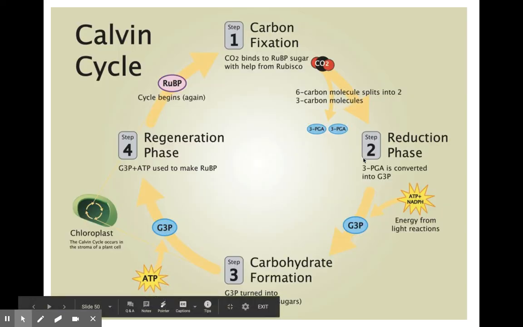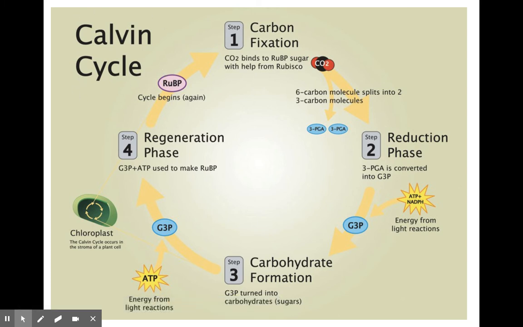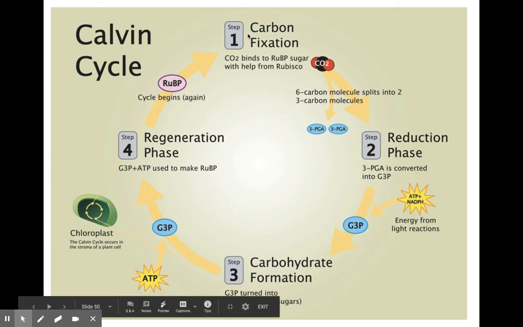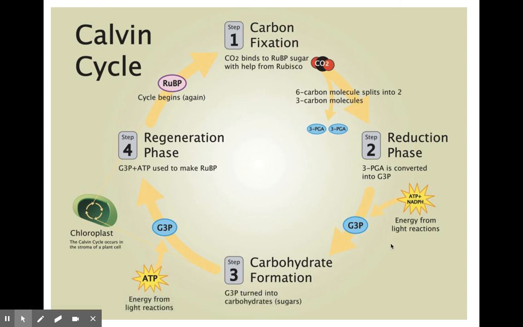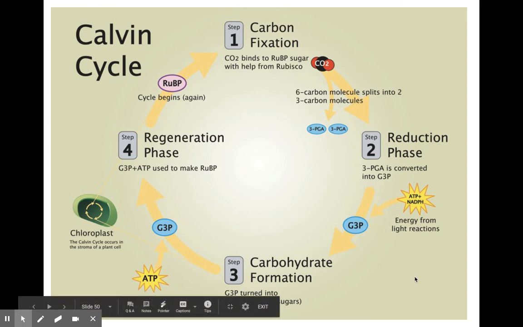Oh, the Calvin cycle. I keep saying carbon cycle. So here's another general picture of the Calvin cycle and the steps that are going on in a simplified format. There are many ways to look at this and then learn the steps and what's going on in the Calvin cycle.